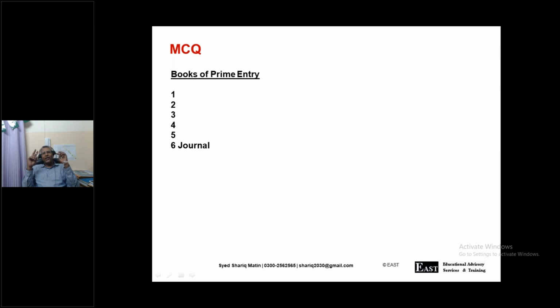Cash book records two things, cash and bank transactions, including discounts, right? Whereas all the other transactions, no matter what the transaction is, fall in journal, right? So we have 6 books of prime entry: Revenue Day book, Revenue Return book, Sales Day book, sorry, Purchase Day book, Purchase Returns book, Cash book, and then the last one is journal, right? So anything that is not recorded in the above 5 is recorded in journal.